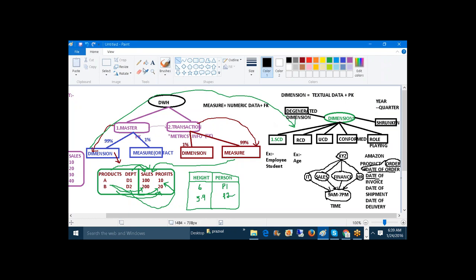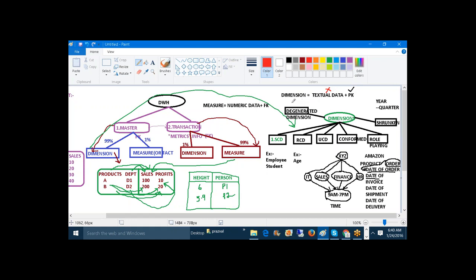If the dimension contains only the primary keys without any textual data, then such a kind of dimension is known as degenerated dimension.